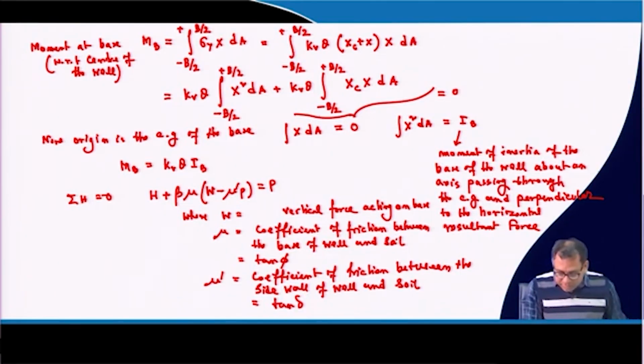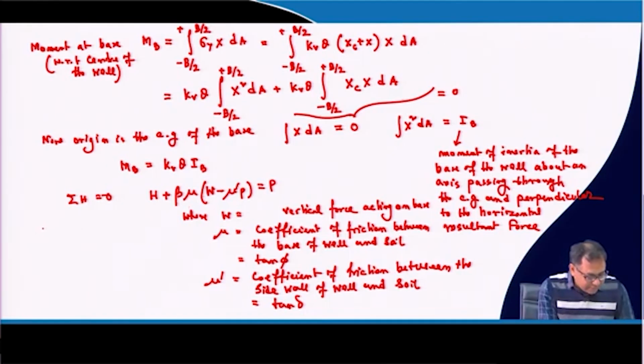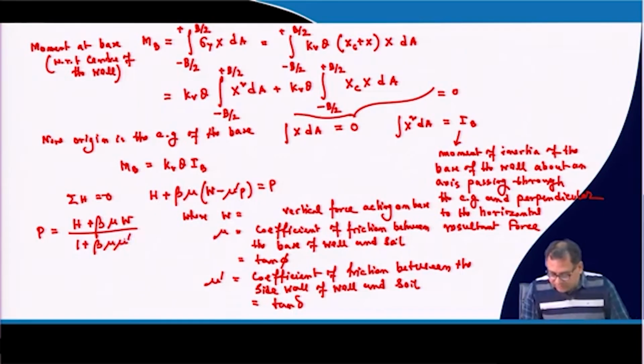Now, if we simplify this equation, then we can write that there is a term P also on this side. So, simplifying the equation: H plus beta mu W, and then 1 plus beta mu dash.